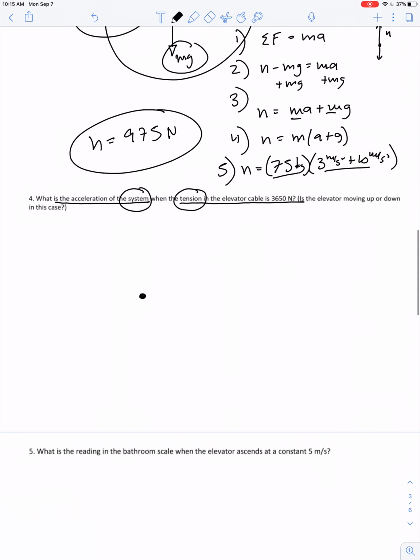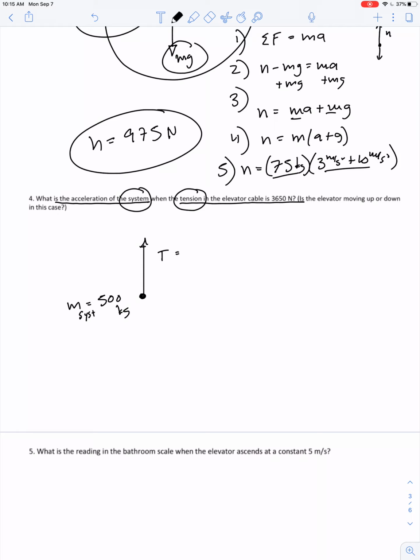So that's what we're going to do once again. This free body diagram no longer represents a mass of just 75 kilograms. This is the mass of the whole system, which is 500 kilograms, and the forces applied to the system are the upward pull from the tension and the downward pull of gravity.